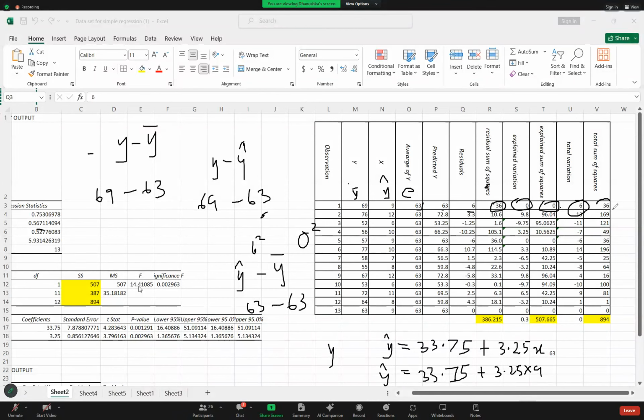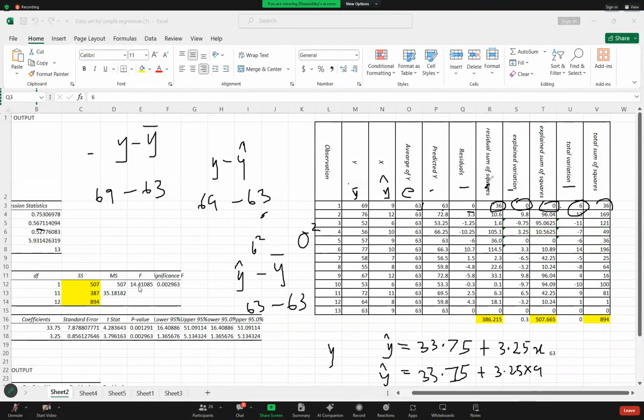Sum of square means the square of this. Okay, then like this, you can calculate residual, predicted value, explained variation, total variation, residual sum of square, explained sum of square, and total sum of square. All these values are here.